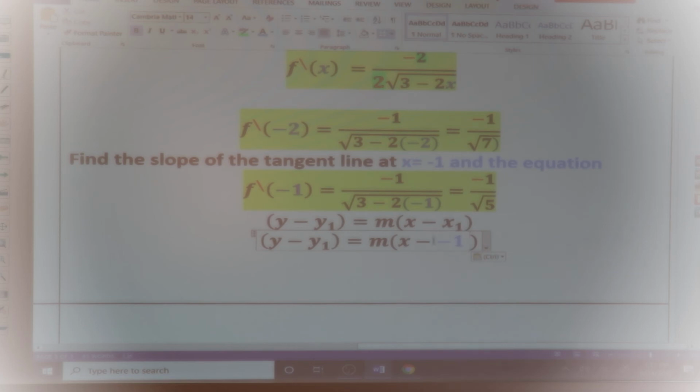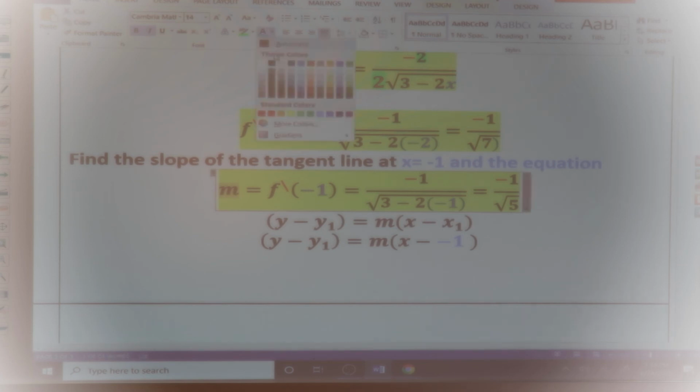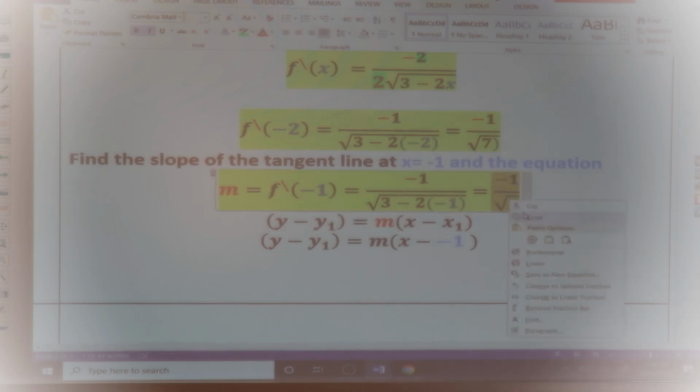Now, this is my slope. I told you before, the derivative at any point is the slope of the tangent line at that point. Then my slope at -1 is this one.